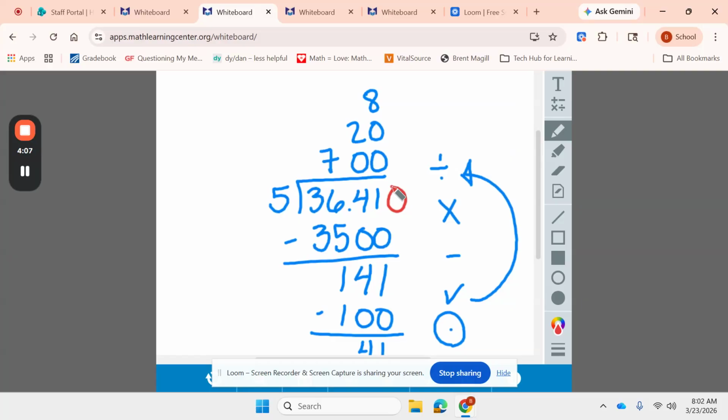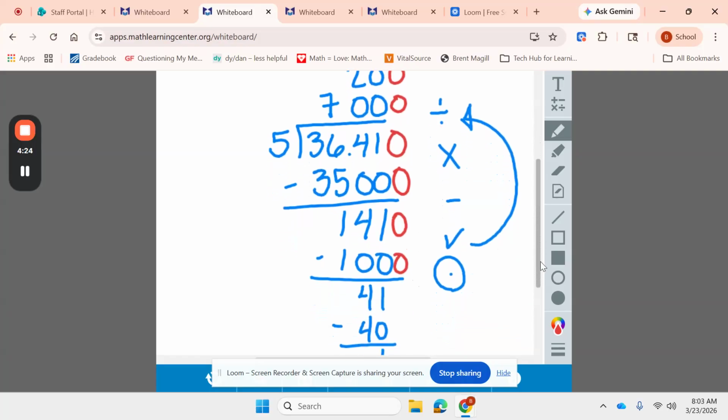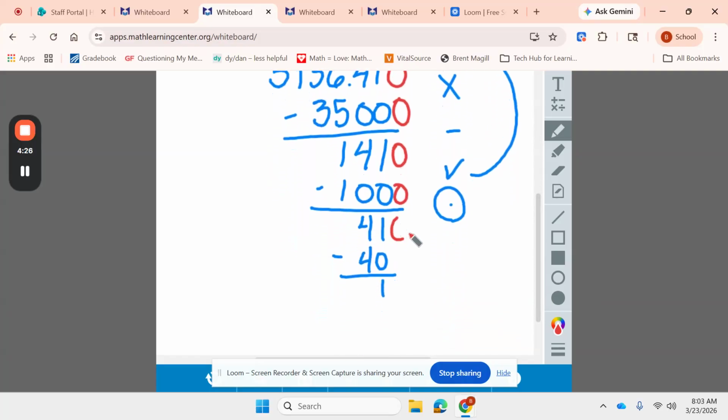No, it's still $36.41, or 36 and 41 hundredths, or 410 thousandths now. It doesn't change the value of any of the digits. So we can add a 0 on and keep dividing into smaller pieces. So I'm going to add zeros all the way up and all the way down my work.